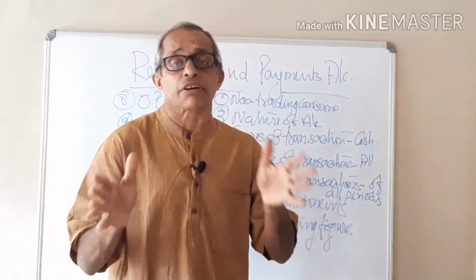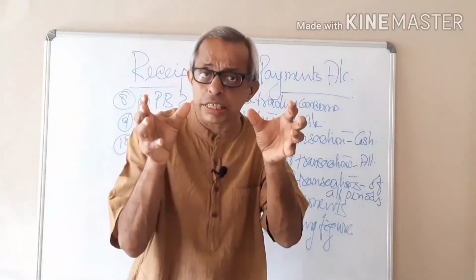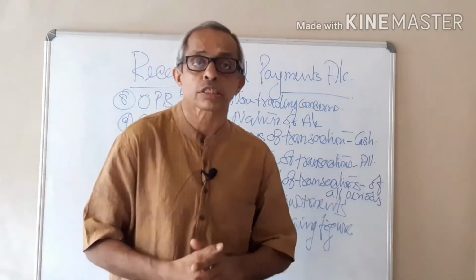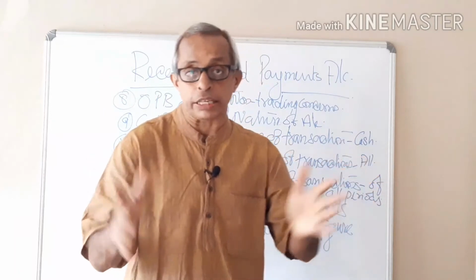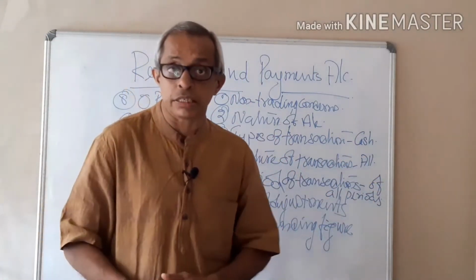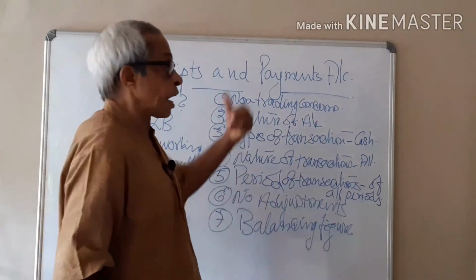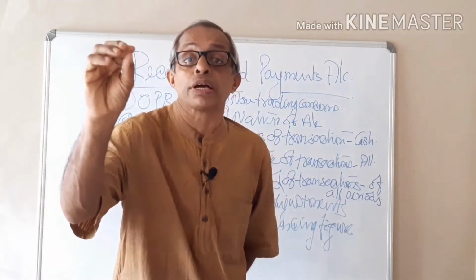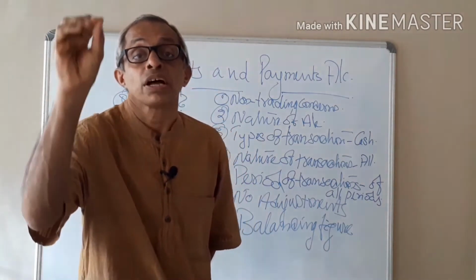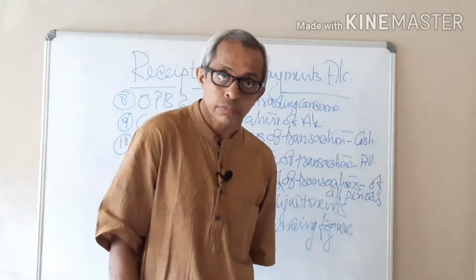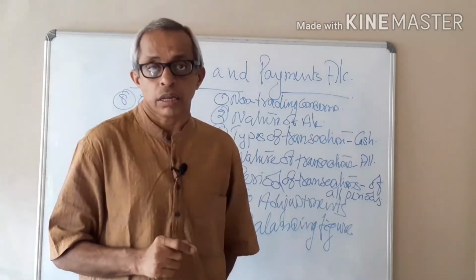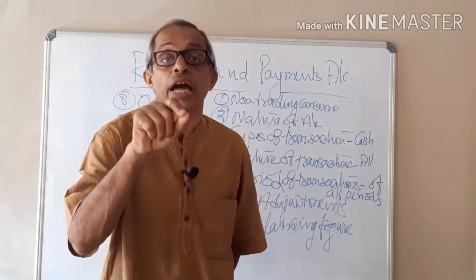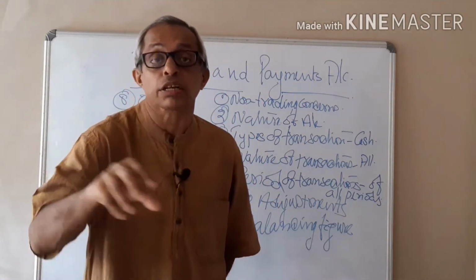Then we balance the receipts and payments account. The balancing figure of the receipts and payments account in the normal course bears a debit balance. That means the debit side will be higher than the credit side, and the balancing figure will appear on the credit side of the receipts and payments account. That balancing figure is carried down and brought down to the next financial year if the business continues.